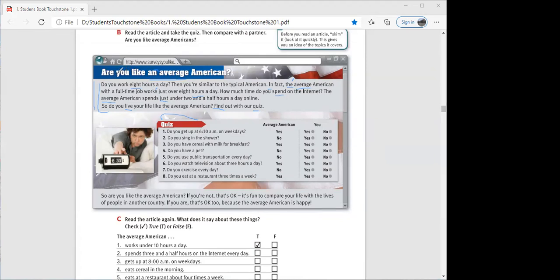Did you see? Are you like an average American? You need to pay attention to the vowels, like an average. You know, this is a K, right? This is a consonant. You don't pronounce the E's like an average American. Together, right? Okay, so now pay attention to the reading.